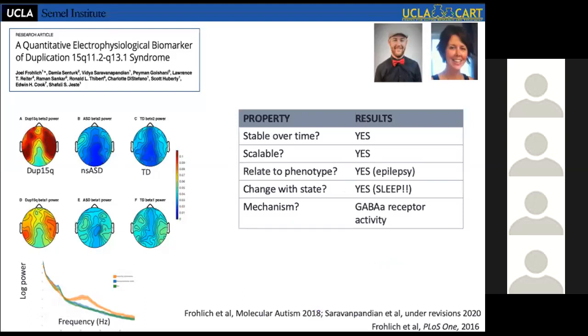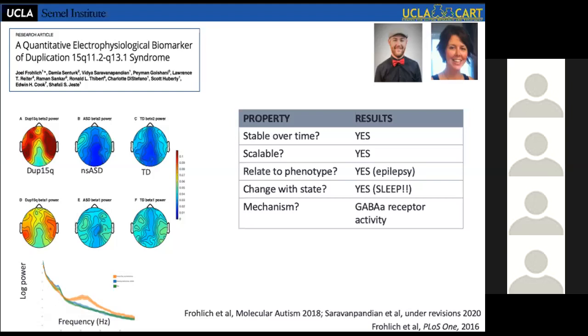Since then, and I don't have time to go into this today, we've done a lot of work testing the properties of this biomarker. We've established that it's pretty stable over time. It's scalable, meaning we can quantify it with clinical EEGs. It seems to differentiate kids with and without seizures, so it relates to phenotype in that way.